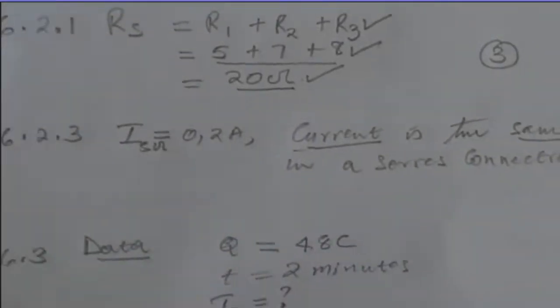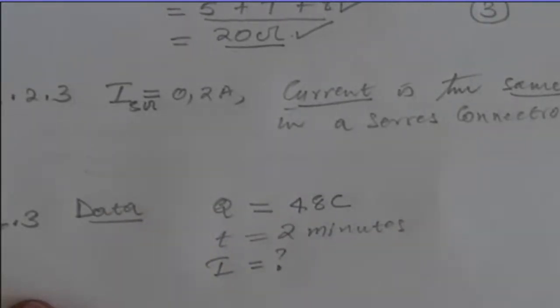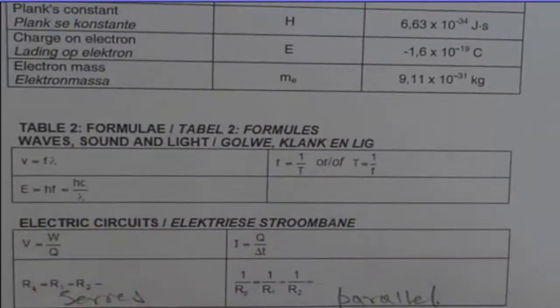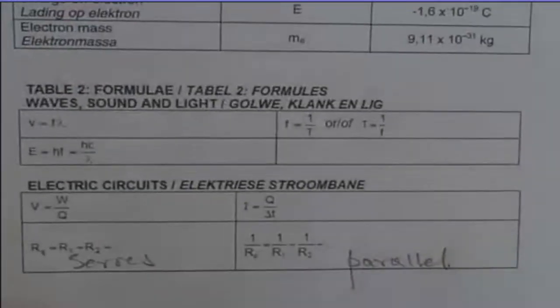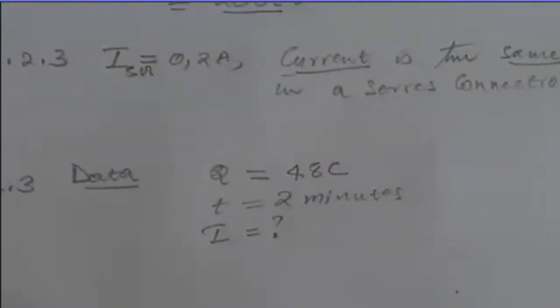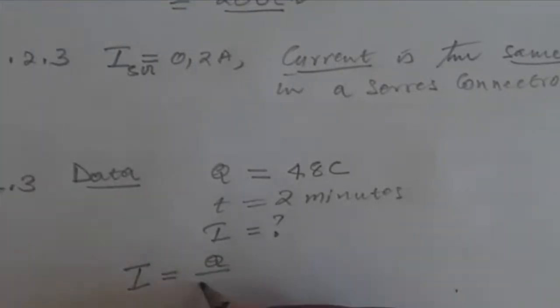Now I need to calculate that current. I can go to my electric circuit formulas. What I'm having here is the formula I equals Q over change in time. So I can immediately pick up that formula.